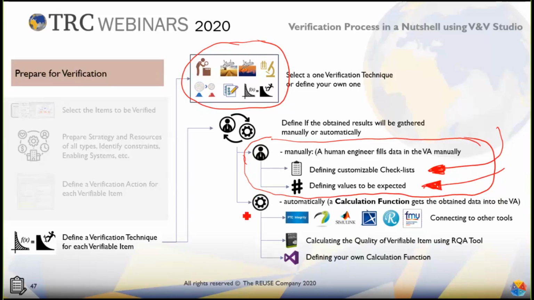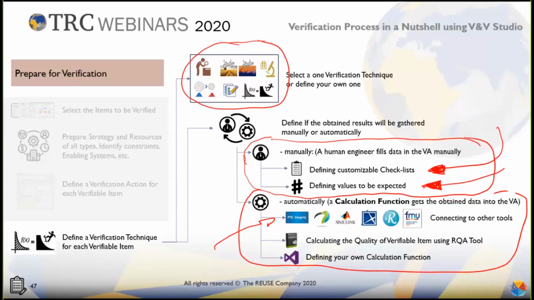But there are other cases where the verification can eventually be done automatically, always being suggested by the tool. There are three cases. The first one is where you want to do some kind of verification that is not done manually by humans, but automatically by just connecting to other tools.